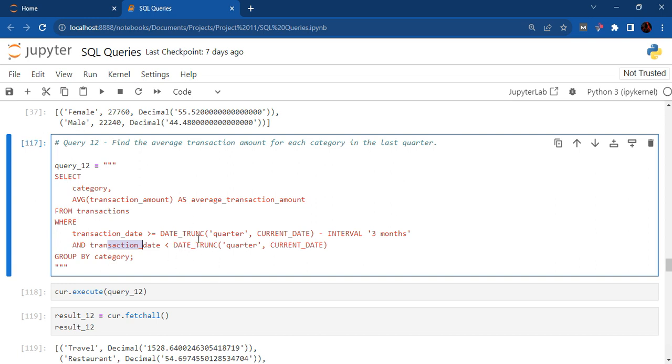Now, while we are explaining the reason for this condition, we also truncate the date again, the quarter, and the current date. What we're doing here is that this is the transaction date, and it should be greater than or equal to what?